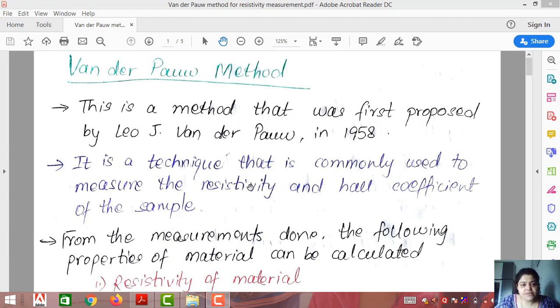So in today's video, we will be discussing the first part of the method, that is resistivity measurement, which does not involve a magnetic field. The second half of the method, which I'll be discussing in my next video, involves the use of a magnetic field. Before that, we'll discuss what exactly is the Hall effect and what is the Hall coefficient. Let us now proceed with resistivity measurement.